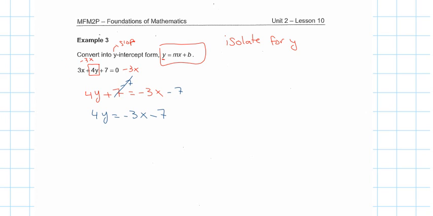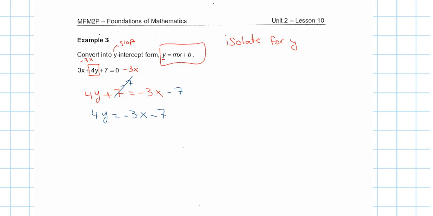Now, is y by itself yet? No, there's still a 4. What's happening between that 4 and the y? That's the invisible multiplication here, right? How can I get rid of a multiplication? Divide, right?